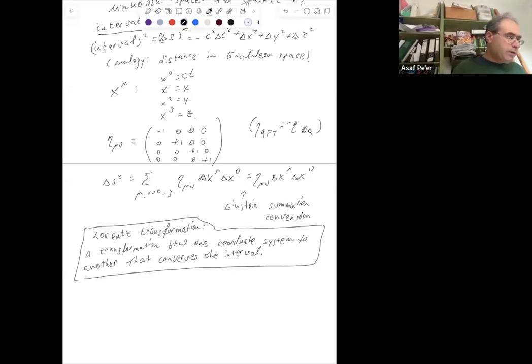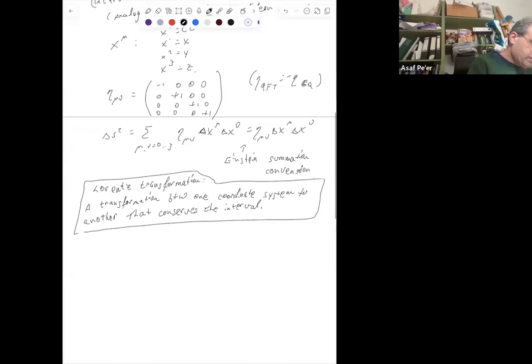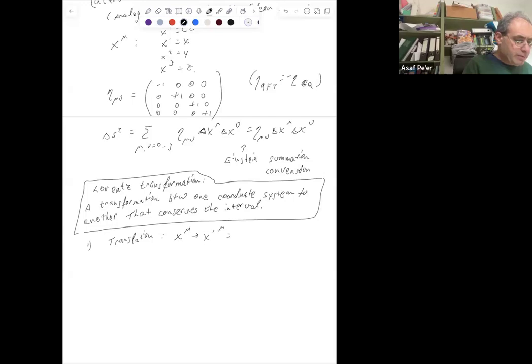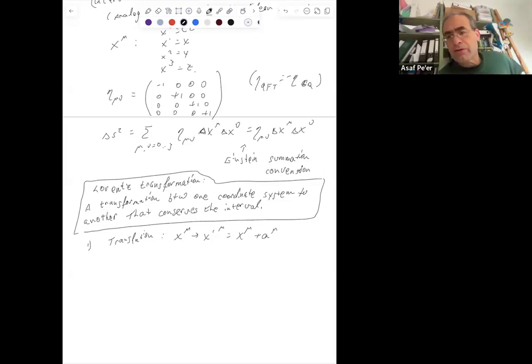And then we say how to describe that. One Lorentz transformation is translation. That means a shift of the origin. Mu is some constant. The other one is multiplying the 4-vector x mu by some 4 by 4 matrix.